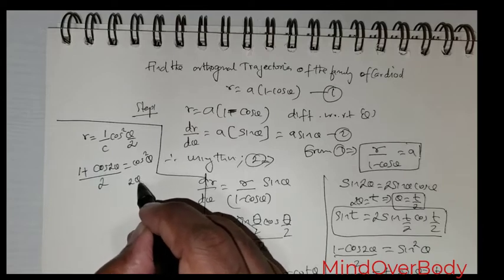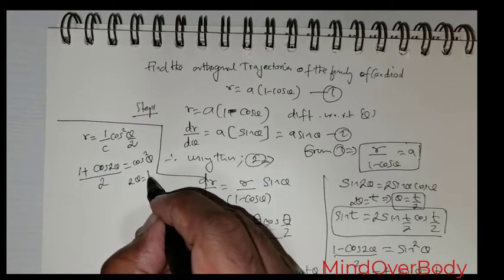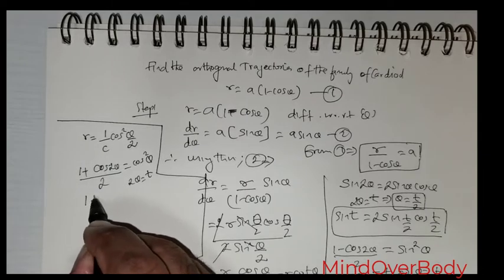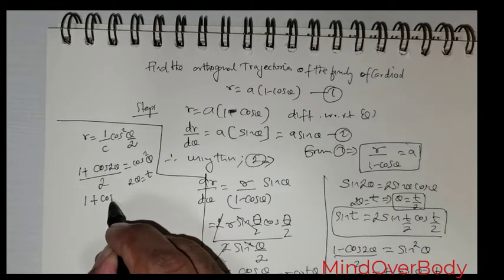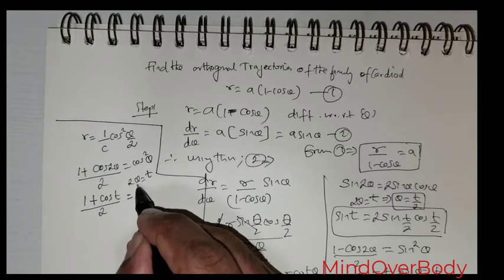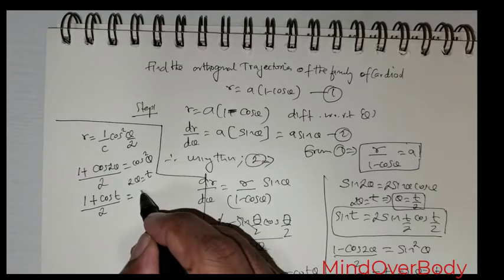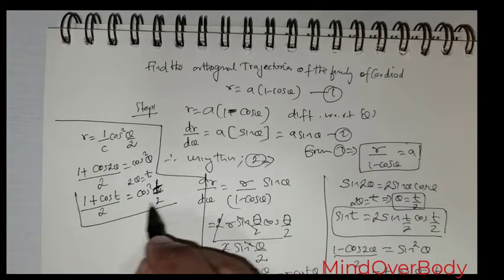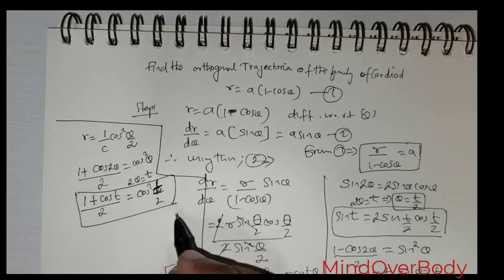Now if I take 2 theta equal to some t, then I can rewrite this as 1 plus cos t divided by 2 is equal to cos squared t over 2, since 2 theta is equal to t. Right, so there is a formula that is of this fashion.